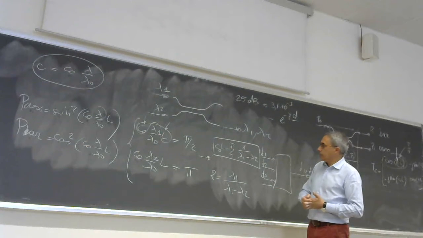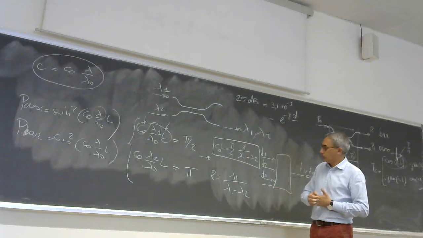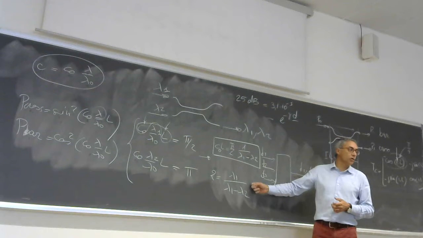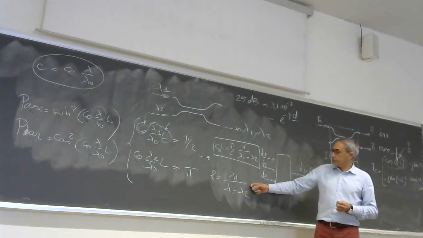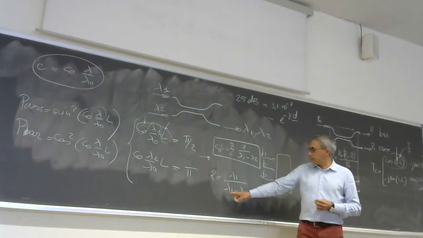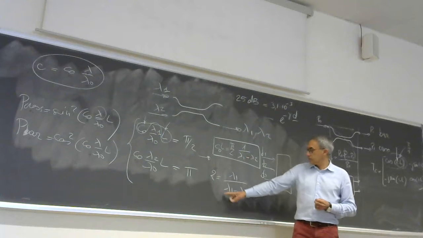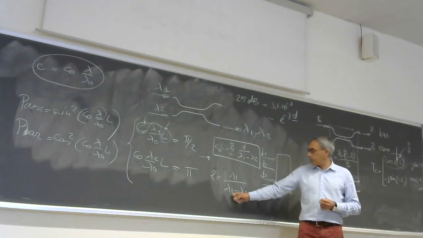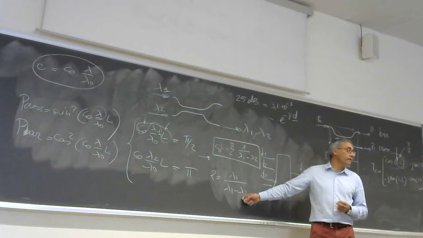But it's not easy, it's not very flexible, because there is this stronger constraint. As a result, you get this satisfied if lambda 1 and lambda 2 stay far away from each other.